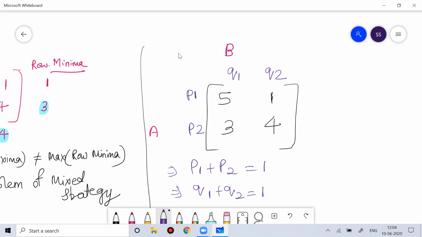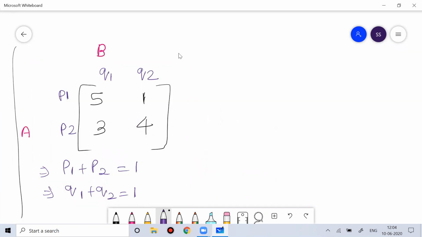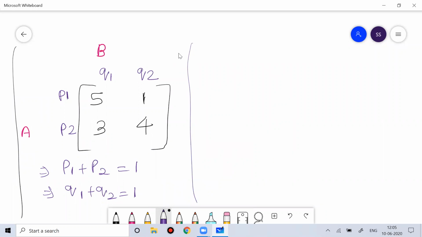Now based on the inputs, what can A do so that A can get its optimal strategy? You can think about the possible ways A can work.